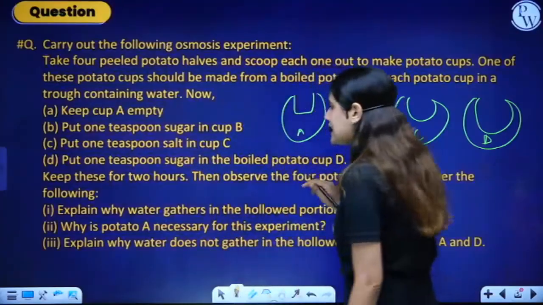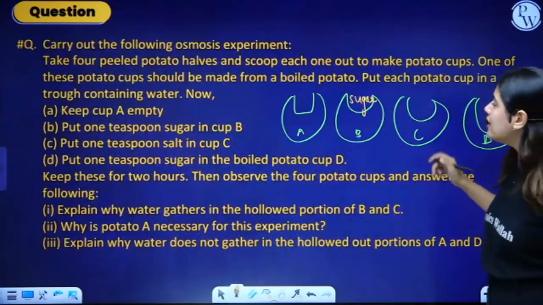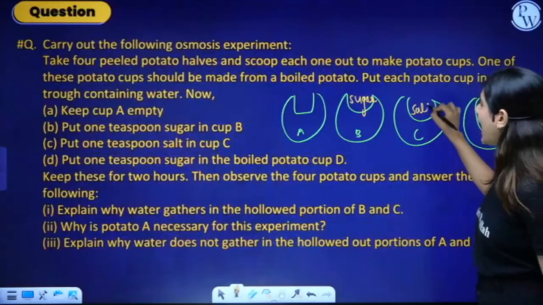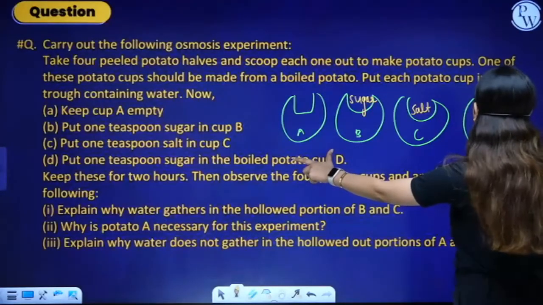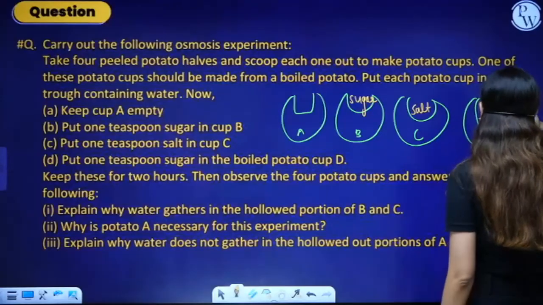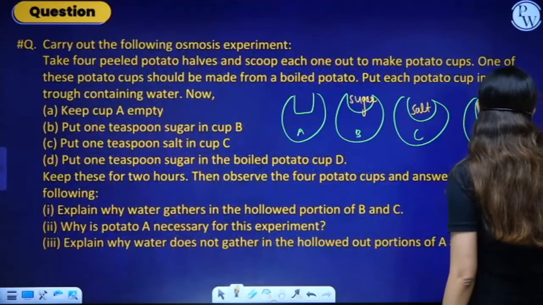In the cup C, they are adding salt, and for the D cup, they are boiling it and adding sugar, and they have boiled it.